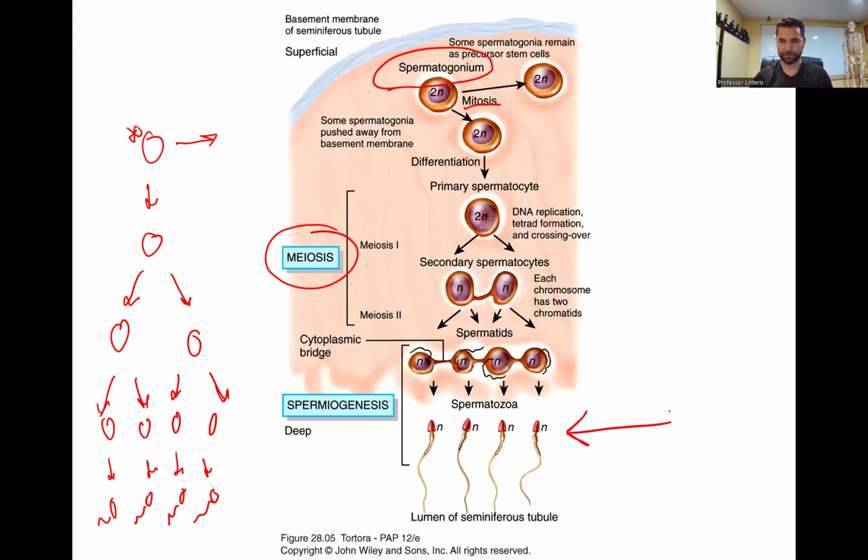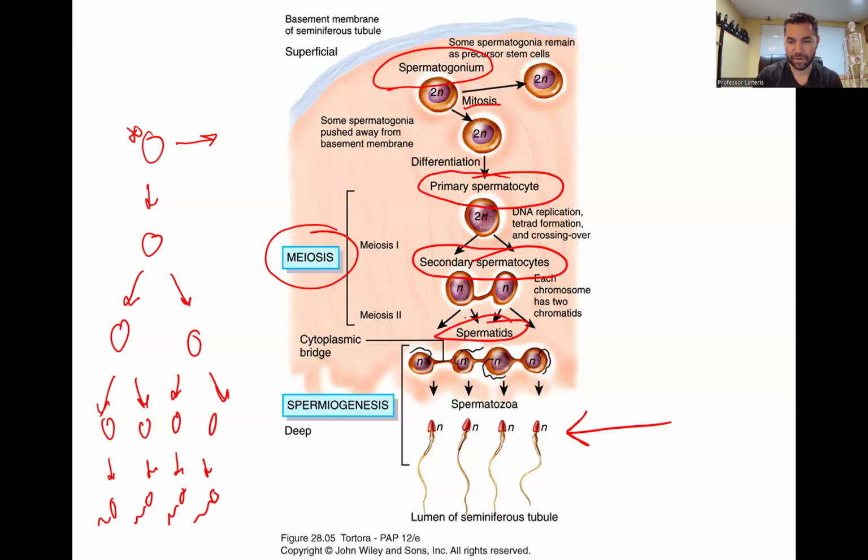Meiosis has a very important component of crossing over, where basically we are switching up the genetics that will be in these sperm. If you have offspring, none of those offspring are genetically identical unless they are identical twins. So the genetic variability in offspring is created during that meiotic process from the spermatogonium to the primary spermatocyte to the secondary spermatocyte.